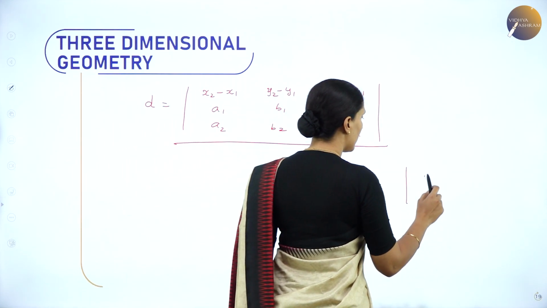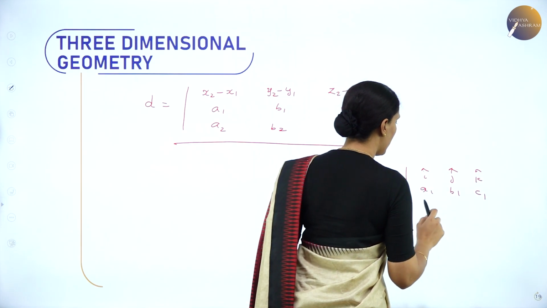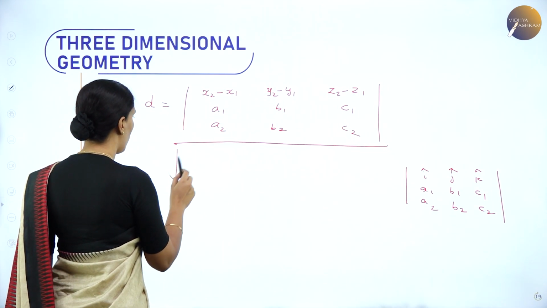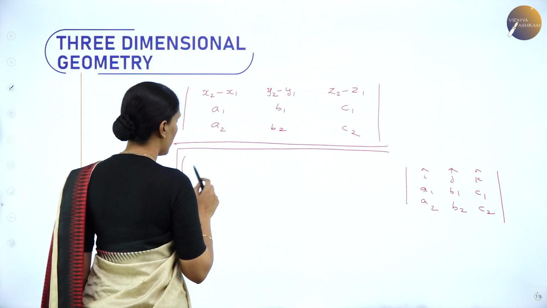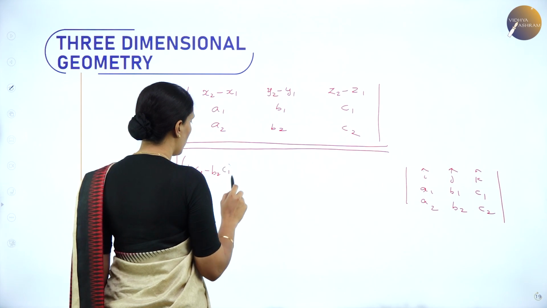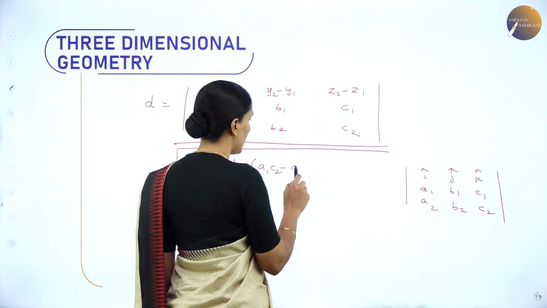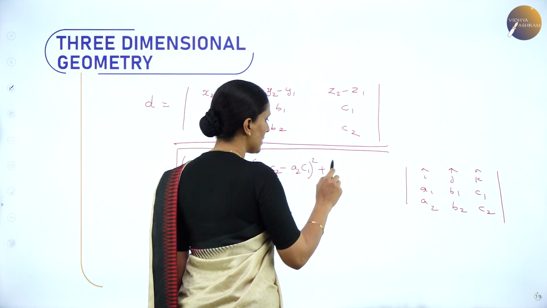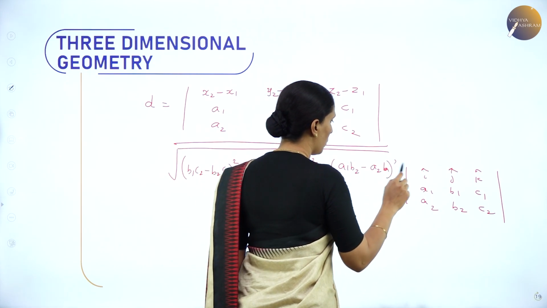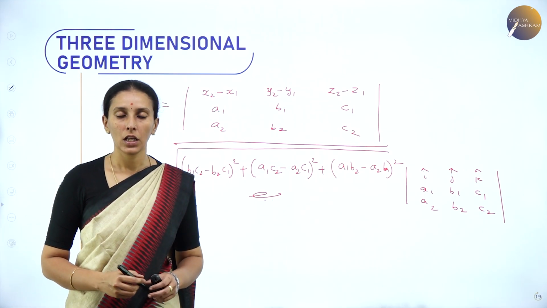Writing b1 cross b2 with i, j, k, a1, b1, c1, a2, b2, c2, this is the square root of (b1 c2 minus b2 c1) whole square plus (a1 c2 minus a2 c1) whole square plus (a1 b2 minus a2 b1) whole square. So this is the Cartesian equation of the distance between the skew lines.